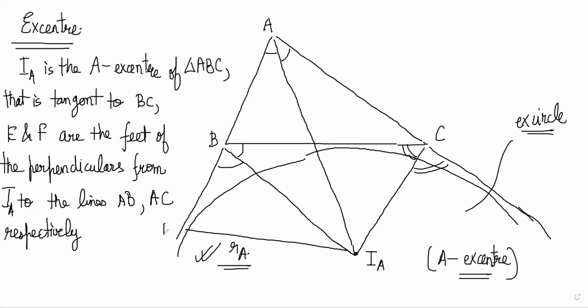Basically, this is E and this is F, the perpendiculars, because this is the point of tangency of the excircle with the extended sides.